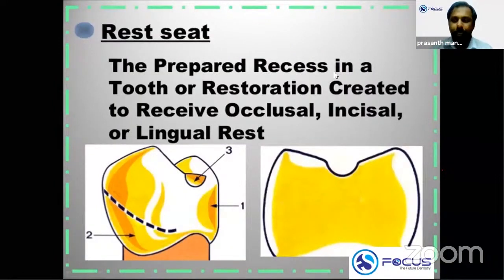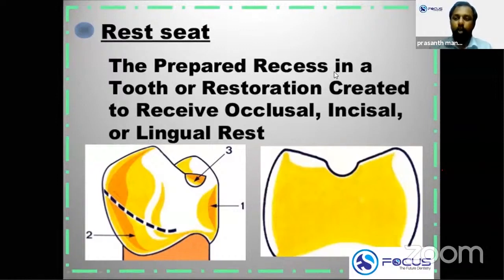Now, what is a rest seat? See, this rest has to be seated over a preparation or a prepared region where it can remain stable, or where it can be guided or seated into. Clear. So the rest seat is a prepared recess in the tooth or restoration.